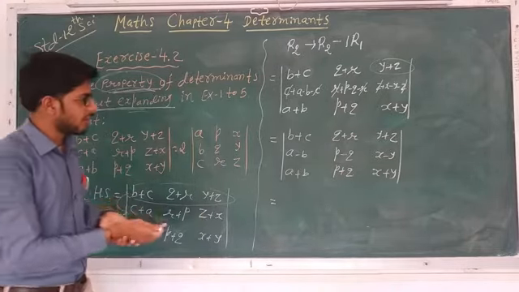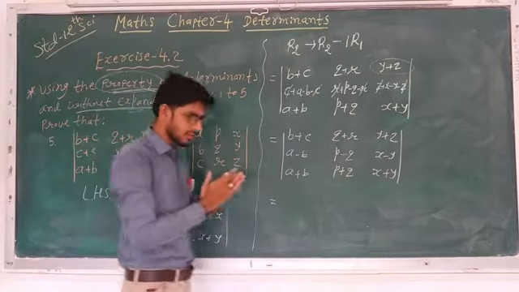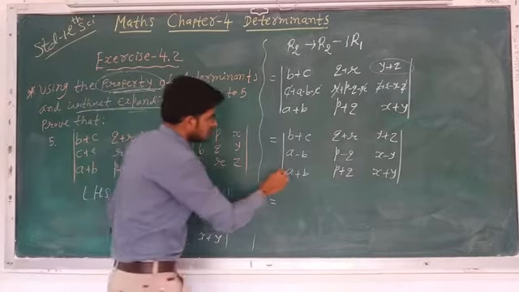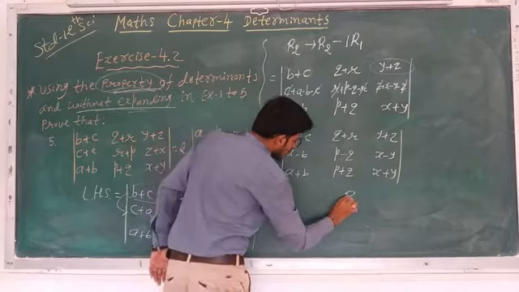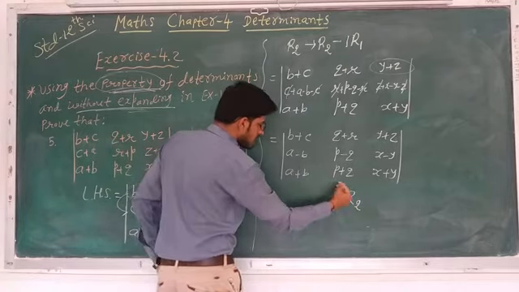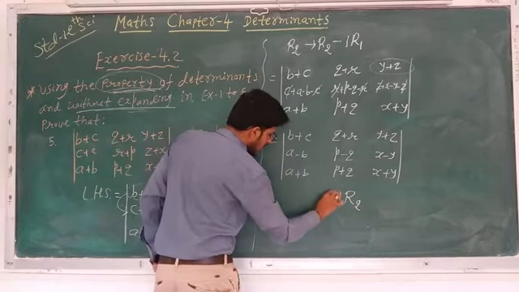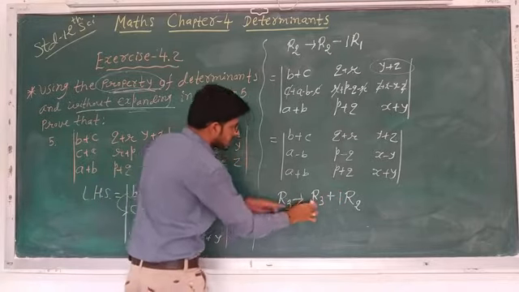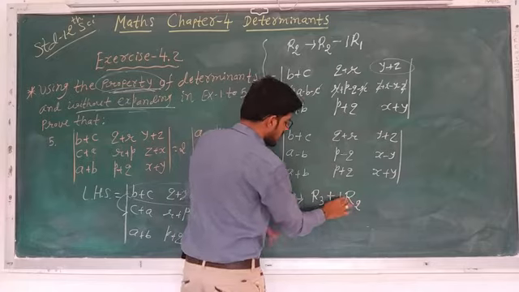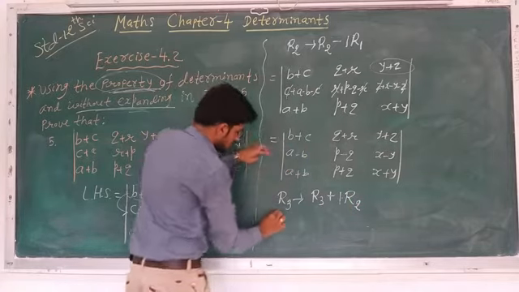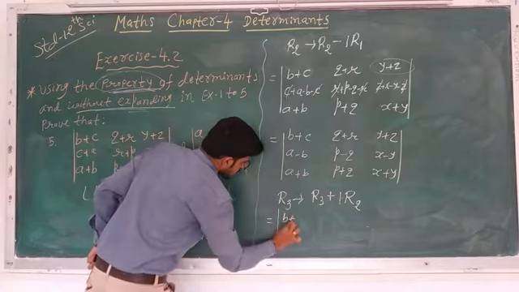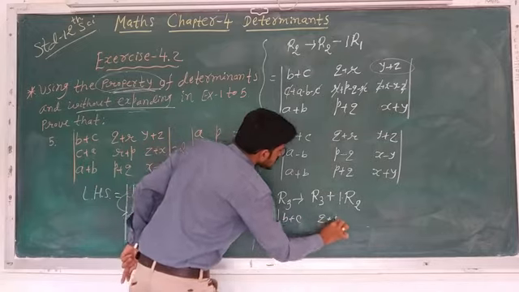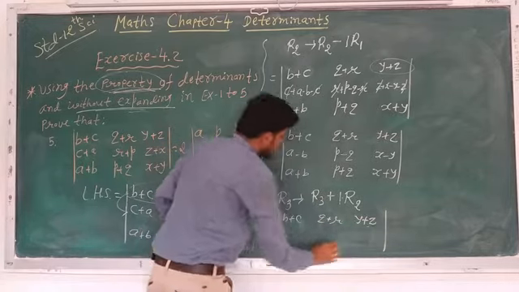Again we will apply the same property number 6, and we will write down here: we will multiply R2 by 1 and add it to R3. So we can write down R3 tends to R3 plus 1 into R2. Okay, so the first row is as it is: b plus c, q plus r, y plus z.